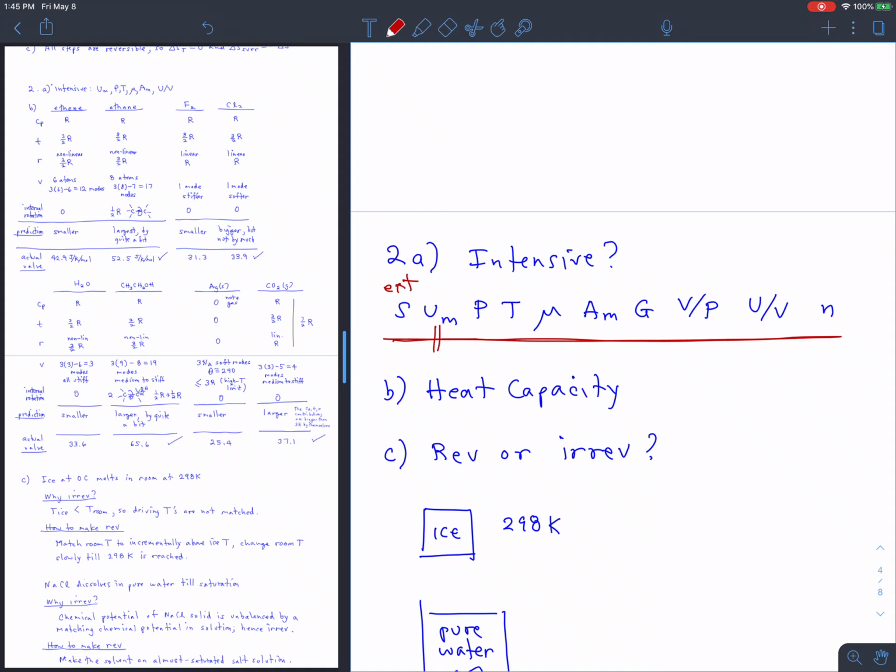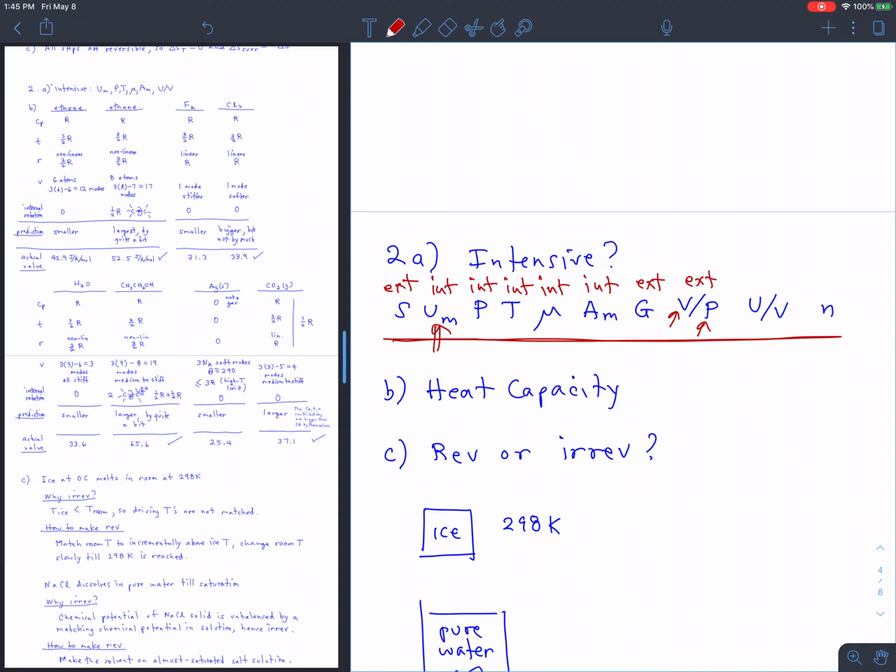But molar energy is intensive. A force is intensive, another force is intensive, a molar free energy is intensive, Gibbs free energy is extensive. An extensive quantity divided by an intensive quantity is still extensive.